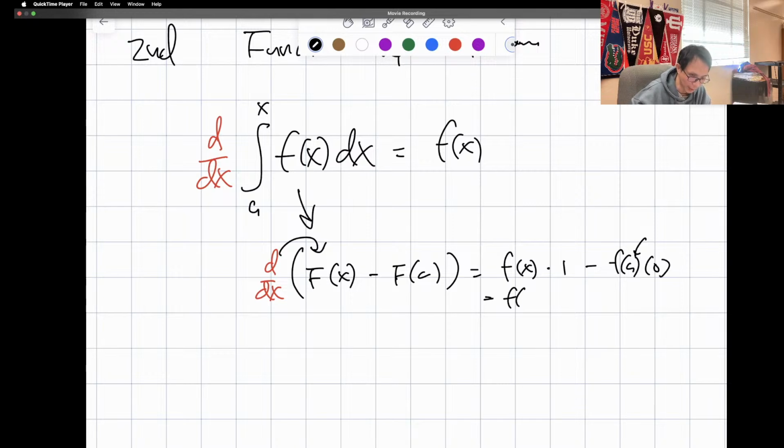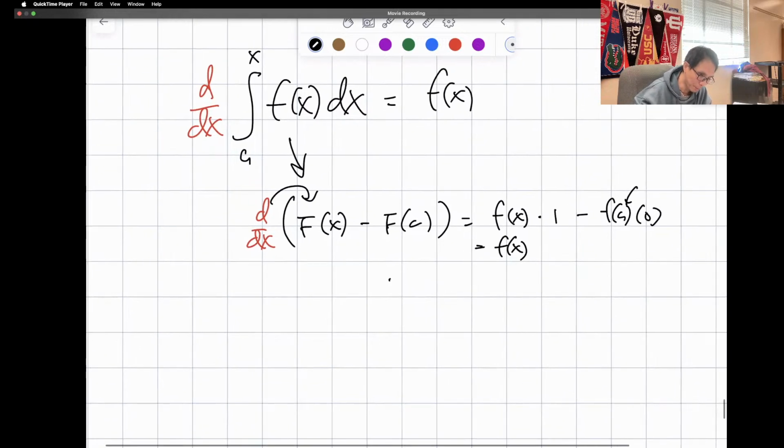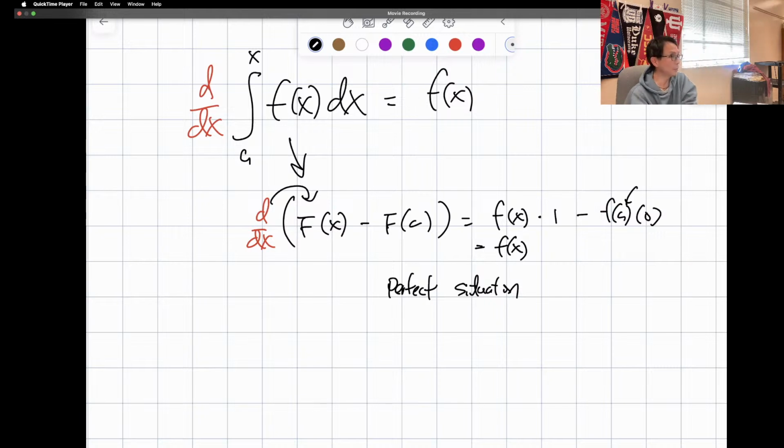So that's equal to f of x. Now, this is a perfect situation, like if you have a very, very good handyman, you hammer it into the wall and you take it out, exactly the same nail as before. Yeah, because the derivative of a is 0. This is a.